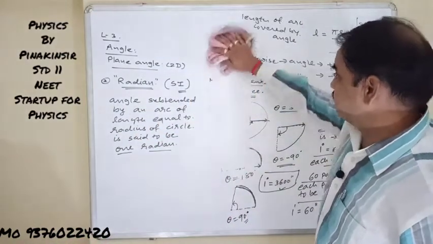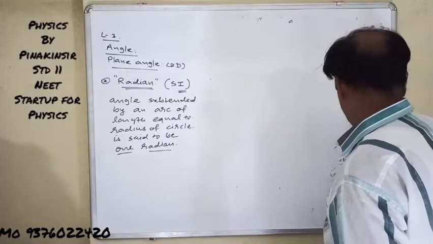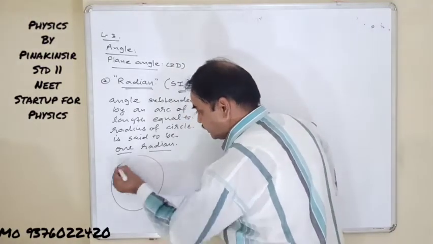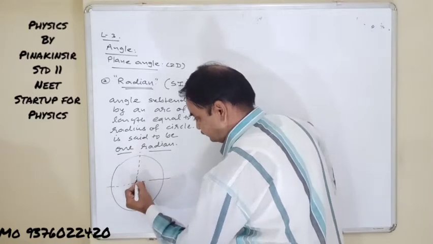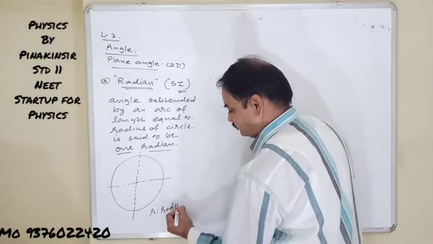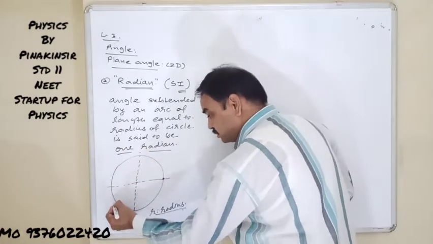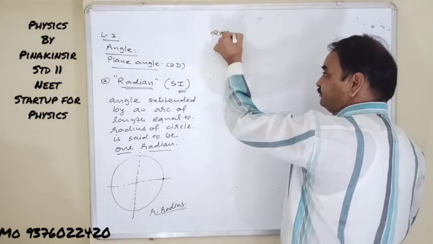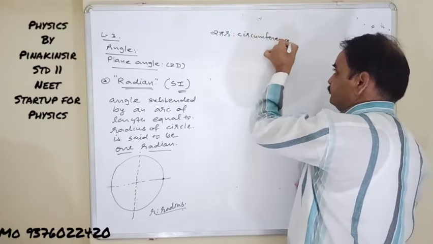Let us make it more clear. Suppose you are having a circle of radius r. Say r is the radius of this circle. Then the total length of this whole arc is nothing but the circumference. It is 2 pi r. Right?